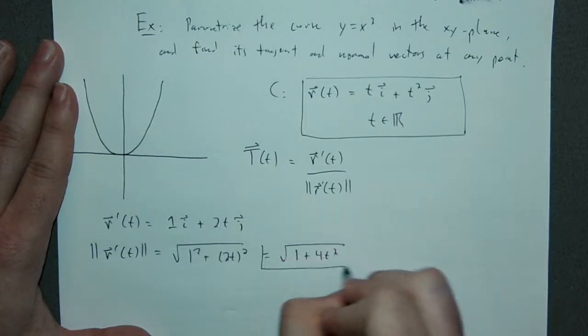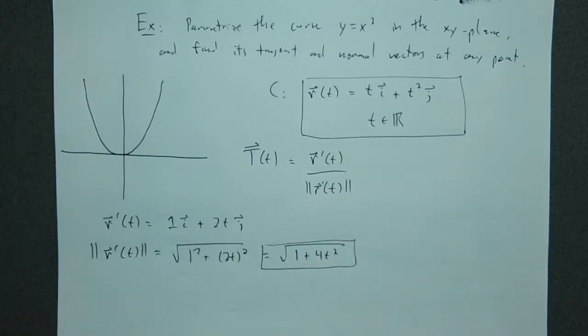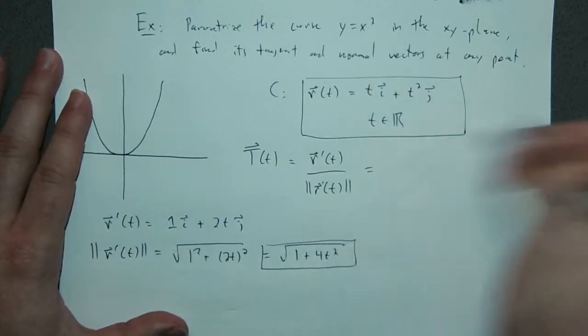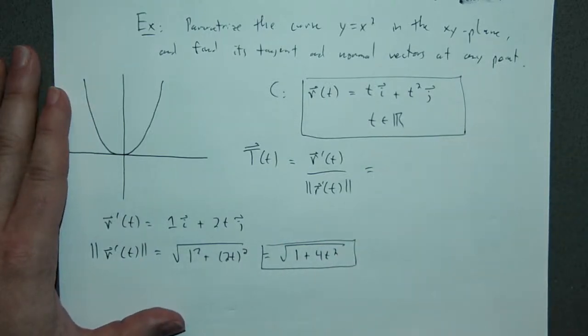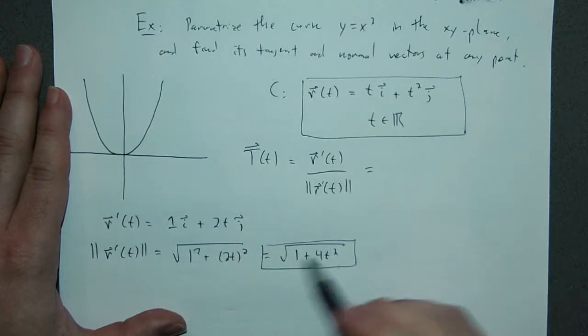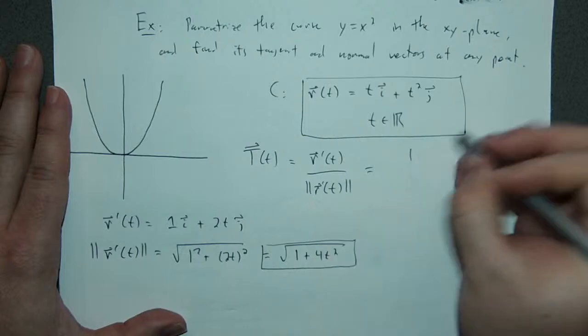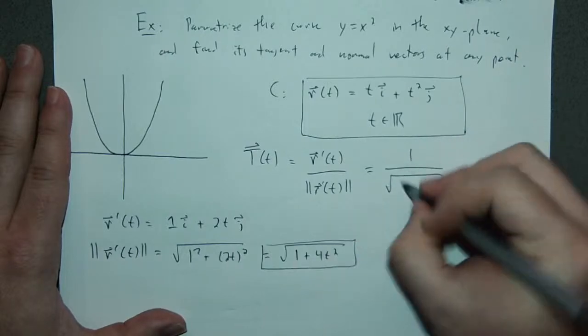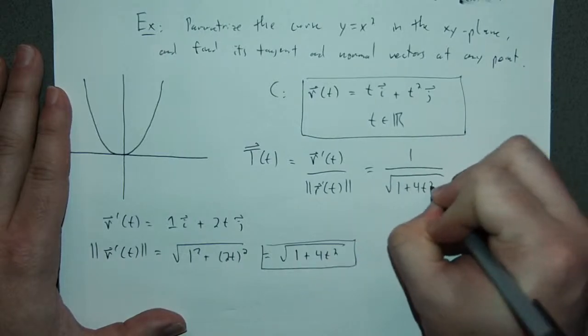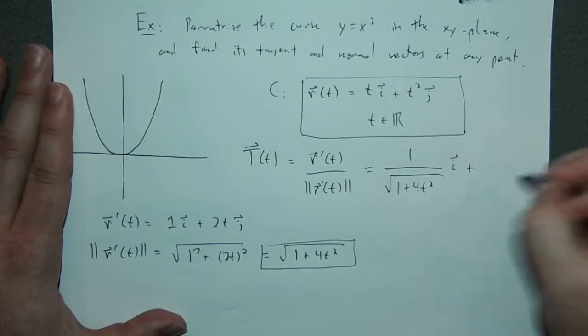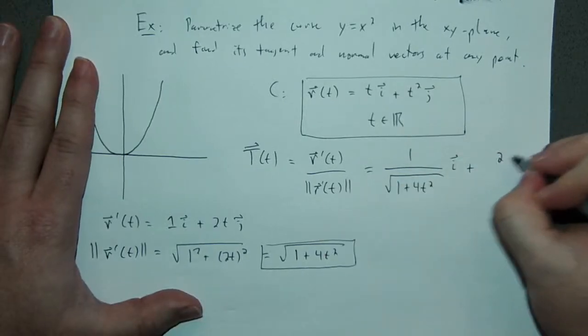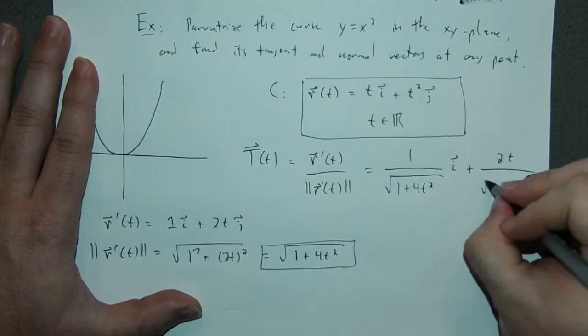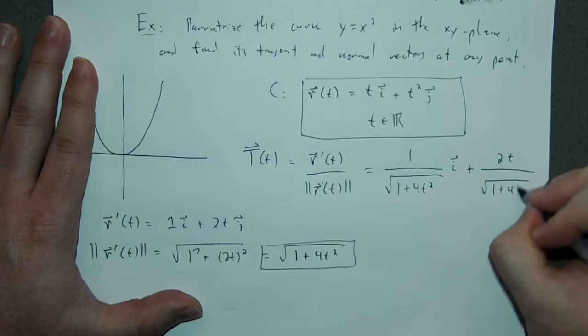And you might think, well, that's not too bad. But then you remember what you actually have to do with this thing, and you start to be concerned. The tangent vector for this parabola is r prime of t divided by the length of r prime of t. So this is 1 over the square root of 1 plus 4t squared i plus 2t over the root of 1 plus 4t squared j.